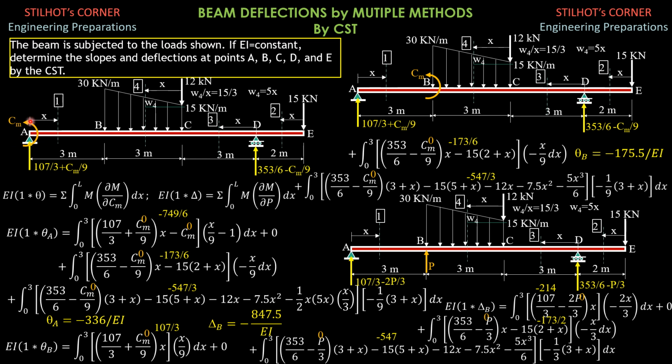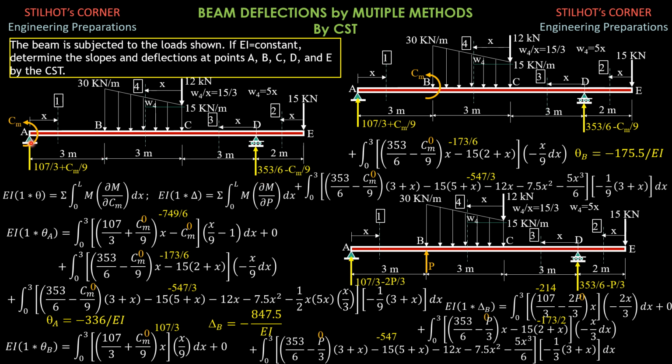So we apply a couple C sub m at A and solve for the reactions due to that couple. The original reactions in the beam at A and D were 107 over 3 kilonewtons and 353 over 6 kilonewtons.